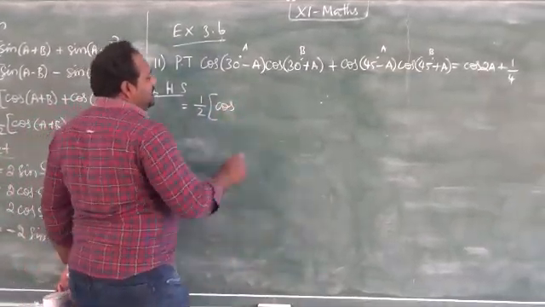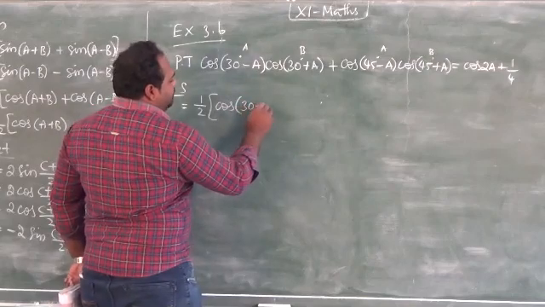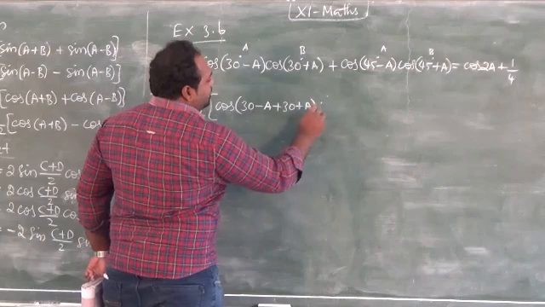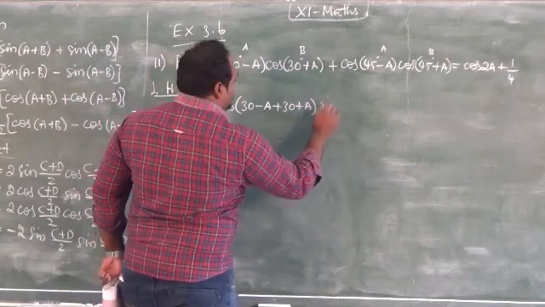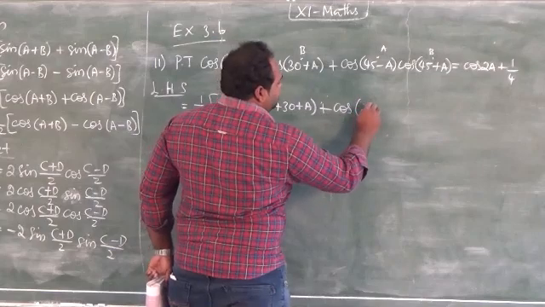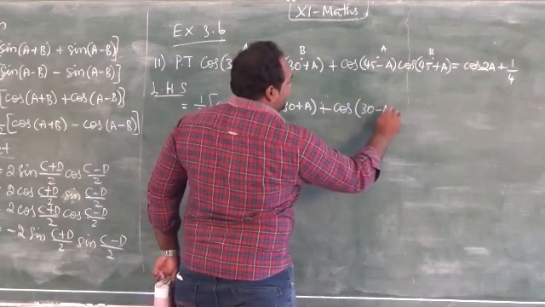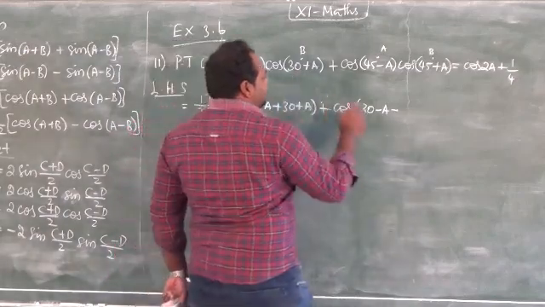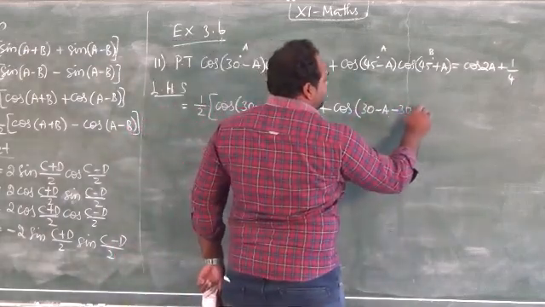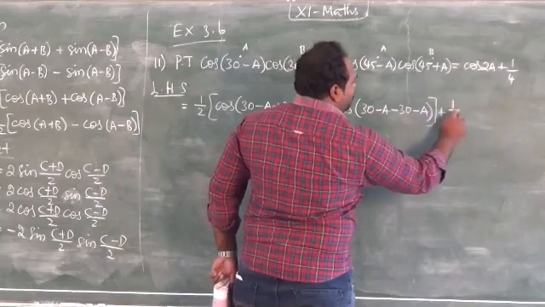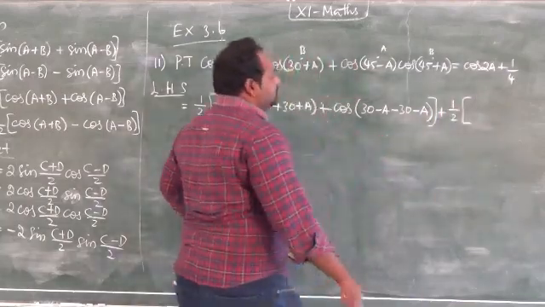cos(A + B) is (30 − A) + (30 + A), plus cos(A − B): cos of (30 − A) minus (30 + A), directly applying the minus inside the bracket. Then plus 1/2. The same formula can be used here also.